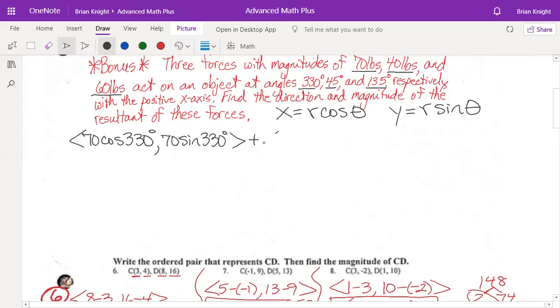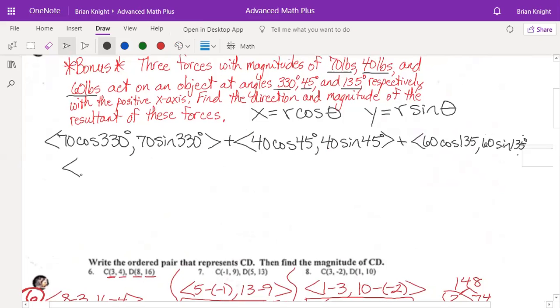Plus the second force, 40 pounds cosine of 45 degrees, and then 40 pounds sine of 45 degrees. And then plus the last force, 60 at 135. So 60 cosine of 135, 60 sine of 135.